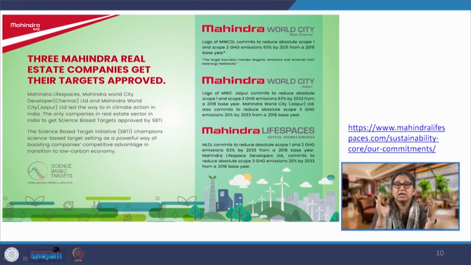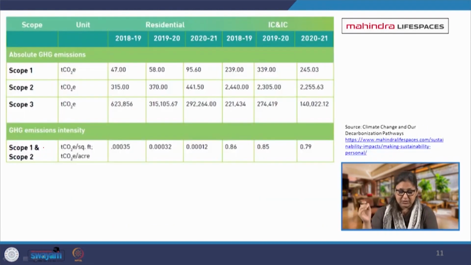They have set publicly declared targets, they have committed themselves to set science-based targets for reducing emissions, and they are one of the champions in doing so.